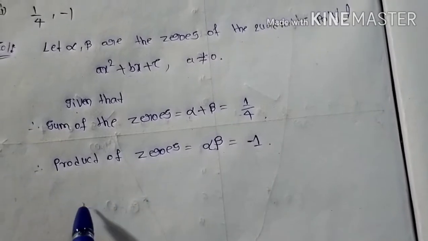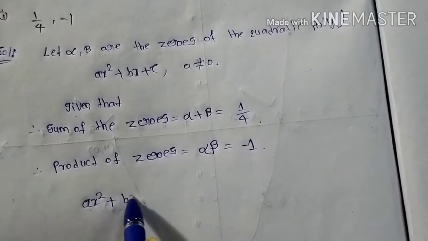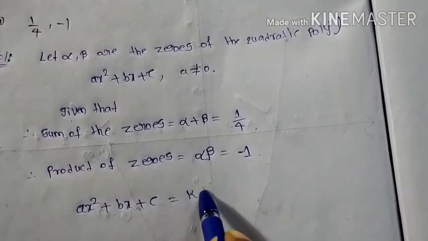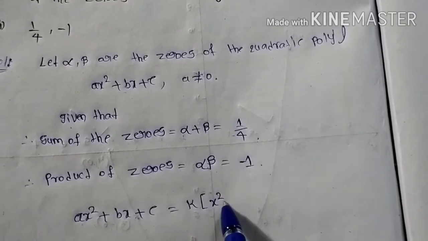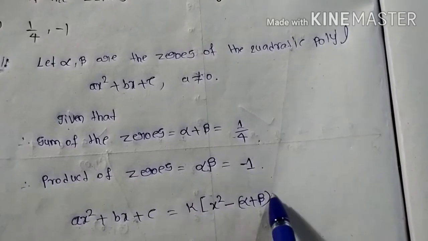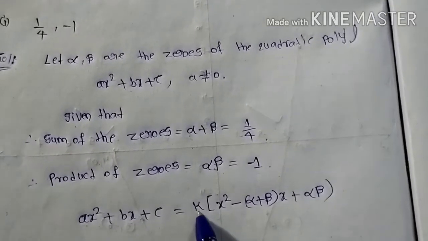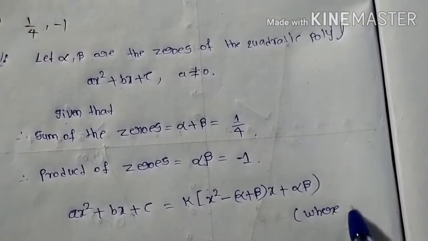You know that the quadratic polynomial ax square plus bx plus c, we can write it as k into x square minus alpha plus beta into x plus alpha beta. You can remember here that k is a constant.